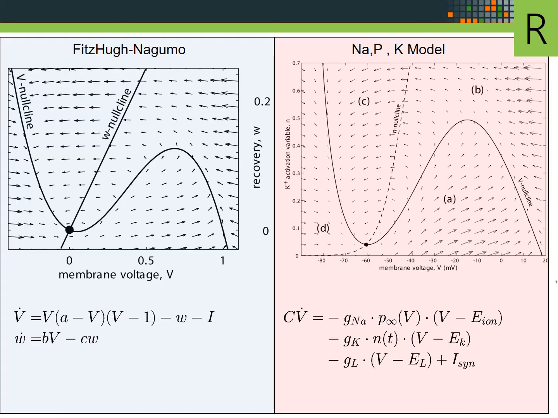The first approach was the FitzHugh-Nagumo model that replaced the curved line that you see here for the n nullcline with just a straight line that you see here.